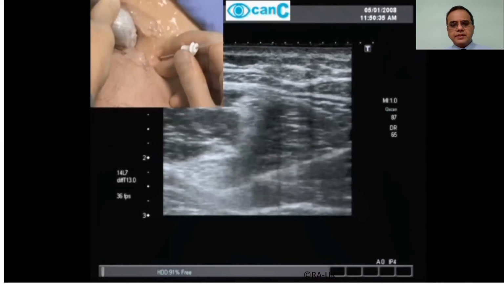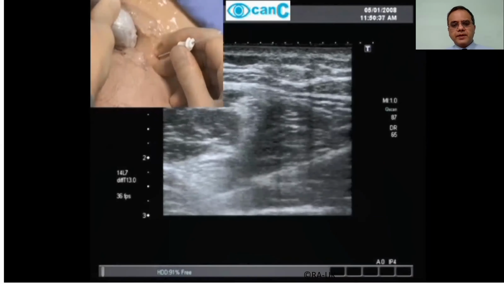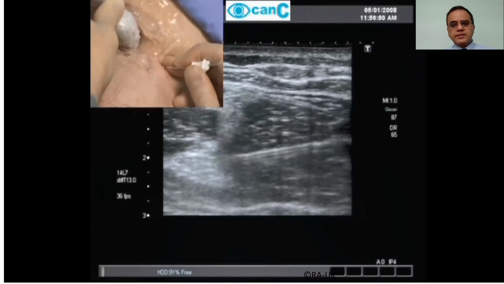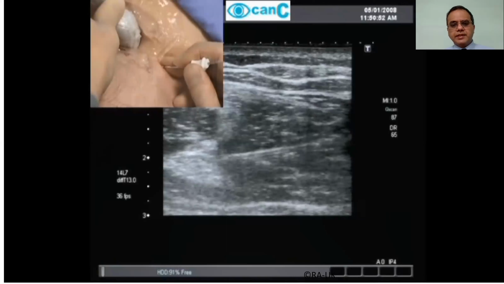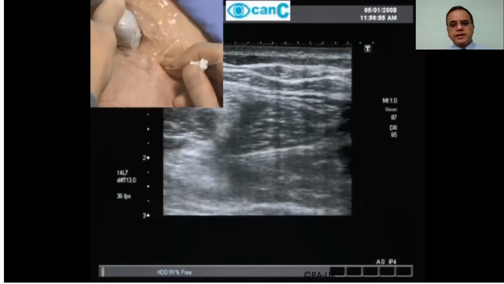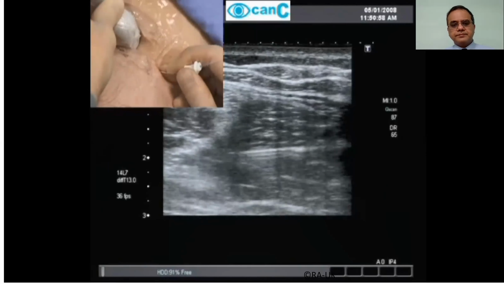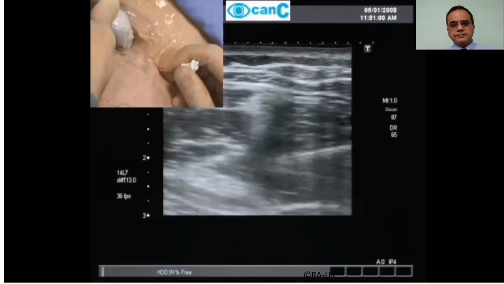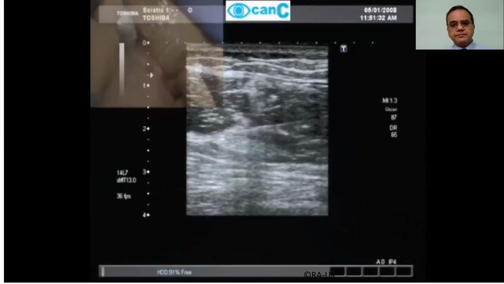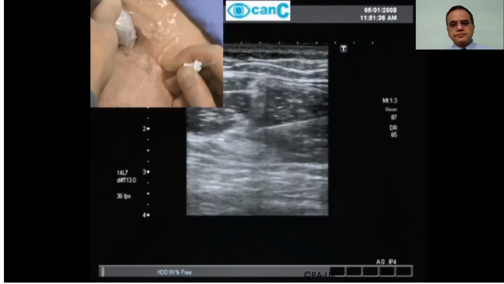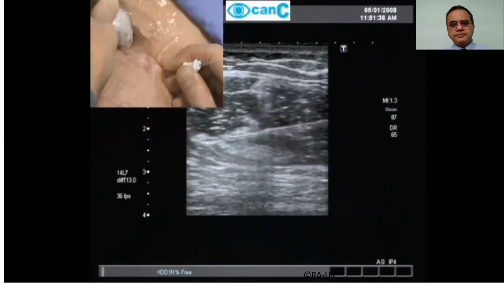Okay, so you can see the local anesthetic spreading quite nicely around the nerve. So the needle is not actually directed towards the nerve, but slightly tangentially or around the fascia containing the nerve. Beautiful.